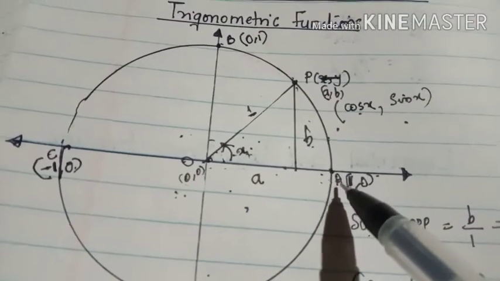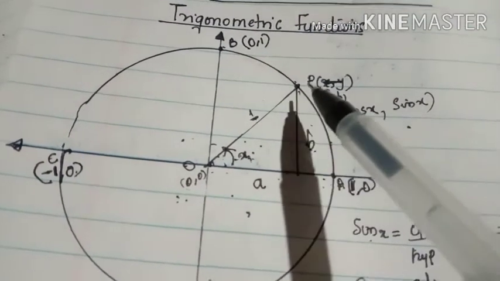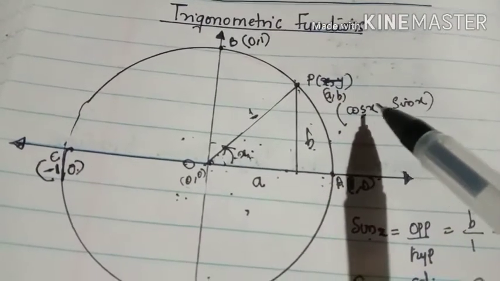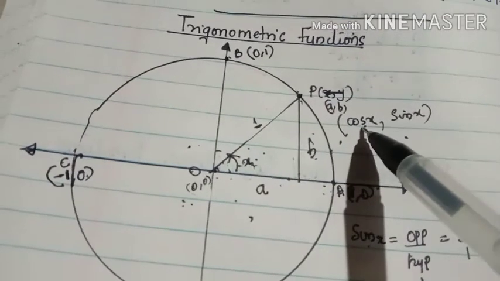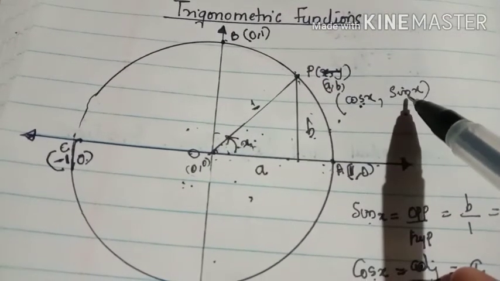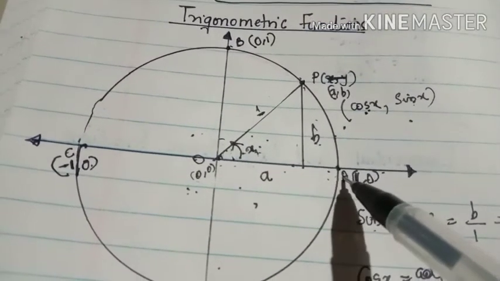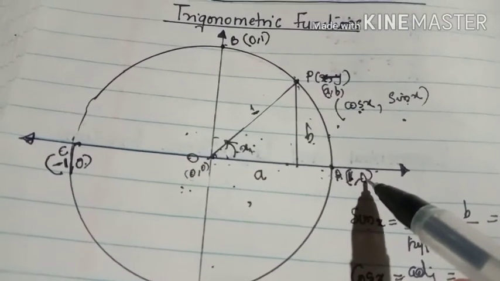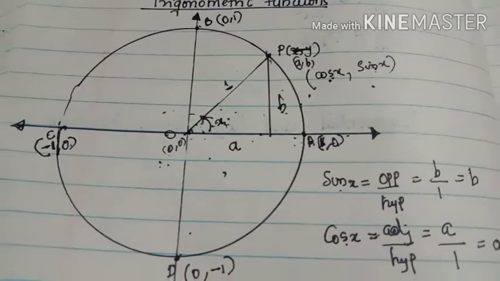Let's see how to connect these angles with our coordinates. Let's start with the point A. Here we take any point on this circle with the coordinates cos x, sin x. First coordinate is cos x and second coordinate is sin x. At this point, cos x equals 1 and sin x equals 0. Let's see, our next point has the coordinates 0, 1.